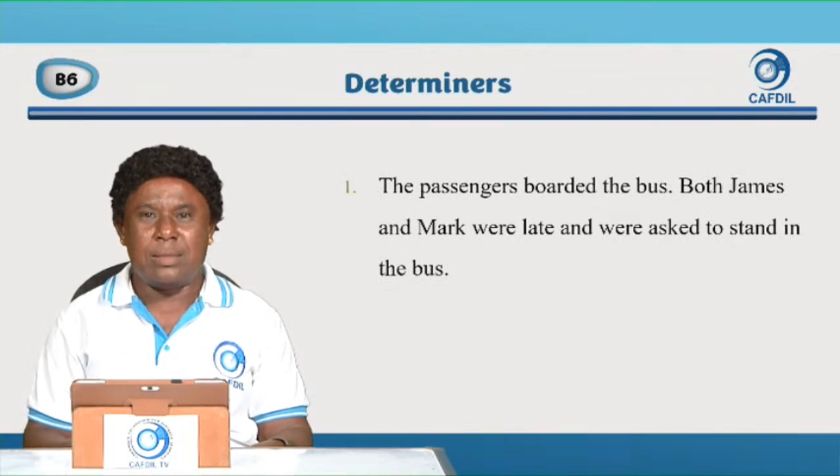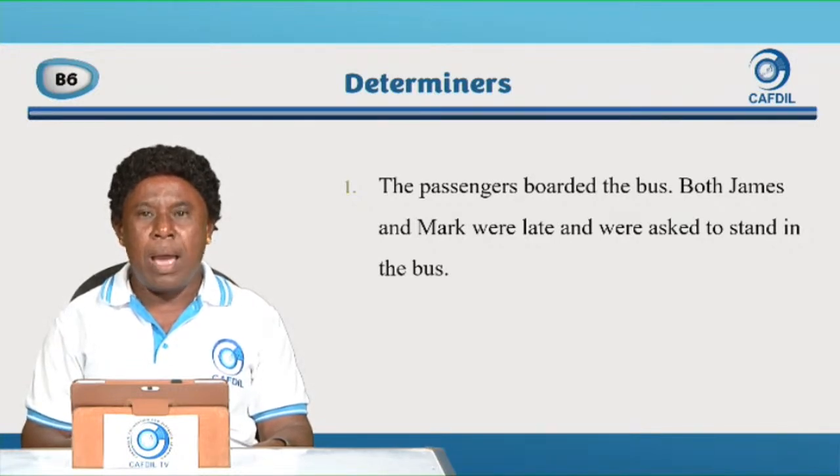To the next sentence. The passengers boarded the bus. Both James and Mark were late and were asked to stand in the bus. How many people were late? James and Mark, 2 people. So both James and Mark were late and were asked to stand in the bus.